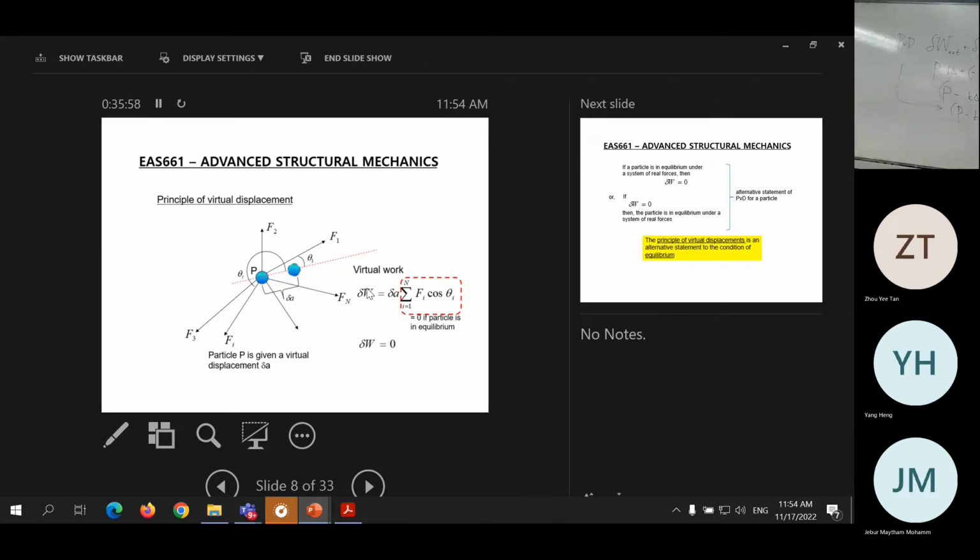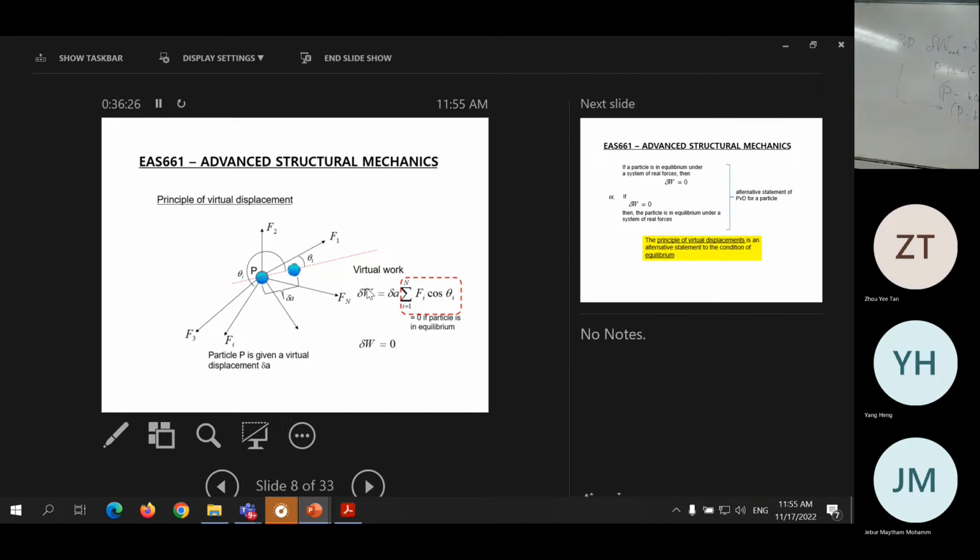Now, remember, this particle is in equilibrium under the action of these forces. So the summation of forces in these directions, if the structure is in equilibrium, the summation of force in any direction is equal to 0.